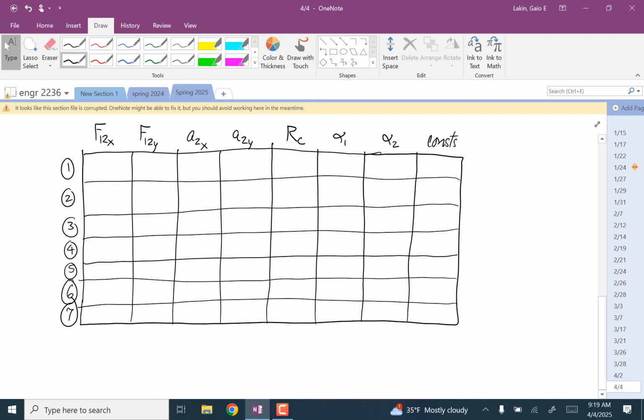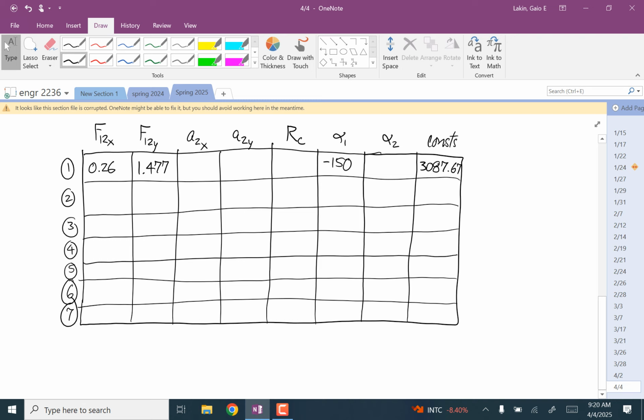And so equation 1 says F12X's, we have 0.26. F12Y's, we have 1.477. Alpha 1's, we have negative 150. The constant is 3087.67. Remember, in your equations, the constants always have to be on their own side of the equation. If you don't do that, then all your answers will be exactly backwards.